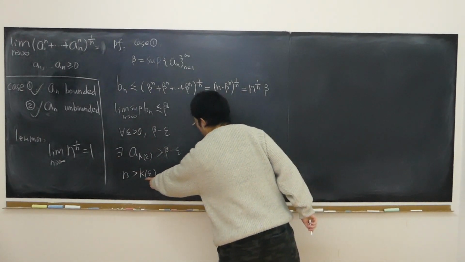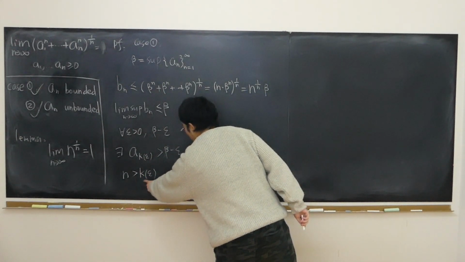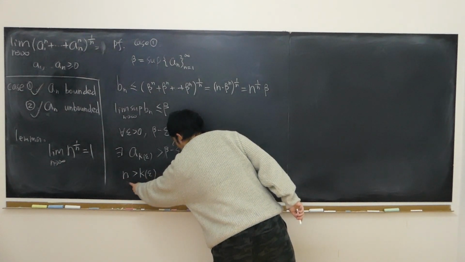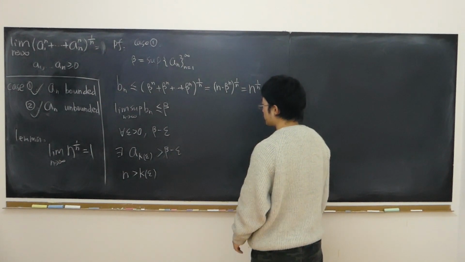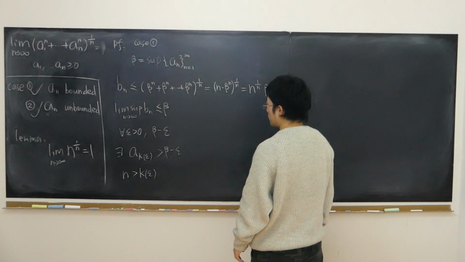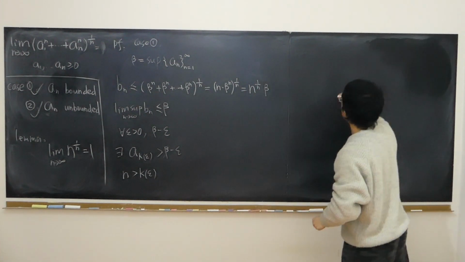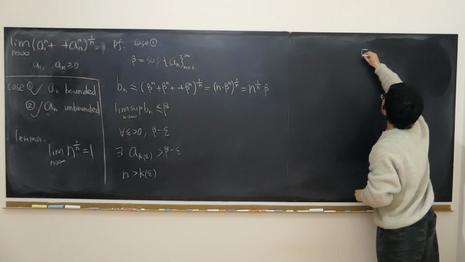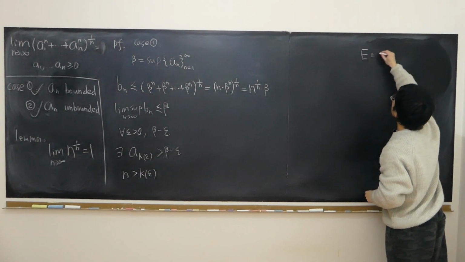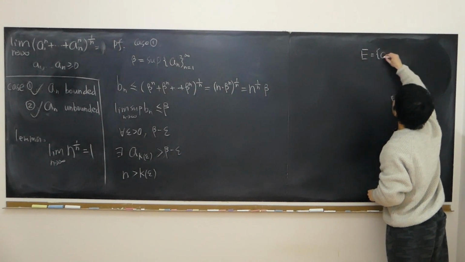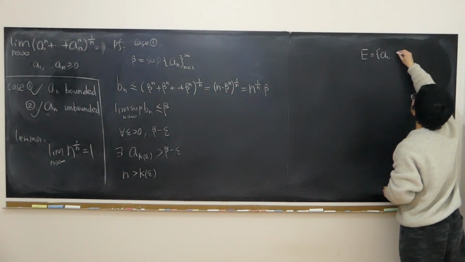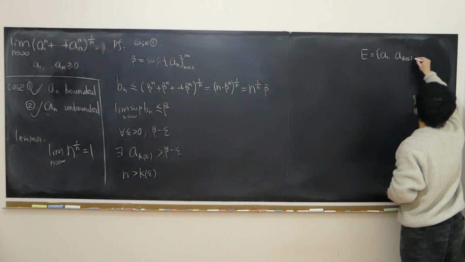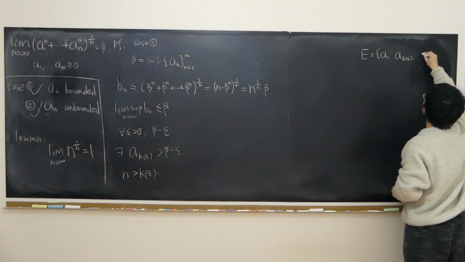K of epsilon is already a fixed positive integer, and I'm going to make little n large enough. Of course, I can do that. So in that case, that means the set is from a1 all the way up to a sub k of epsilon, all the way up to an.